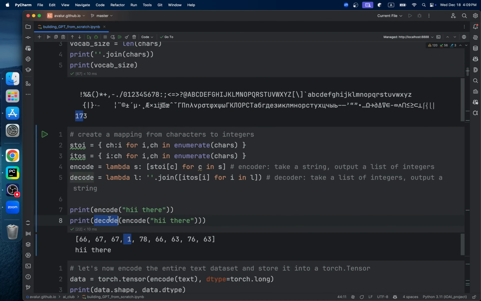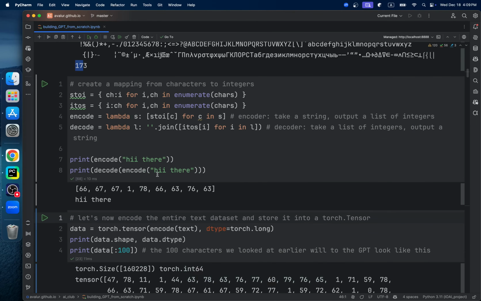And of course, if we decode the encoded numbers, then the result will be the same "hi there" as the input. So it works, and we can use the encode and decode functions to perform transformation between characters and their indices, and vice versa.